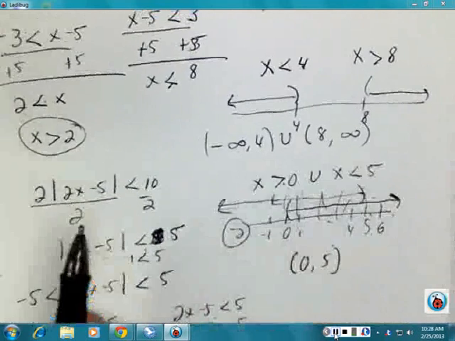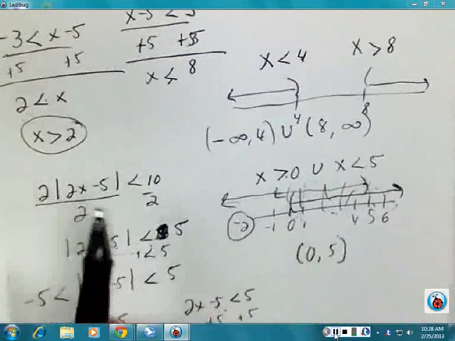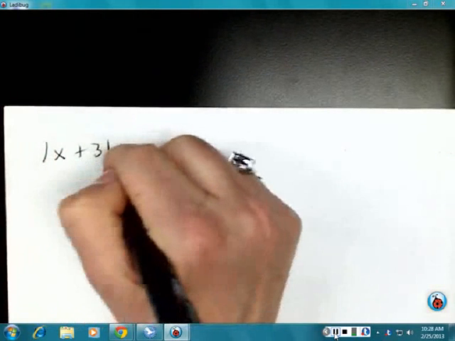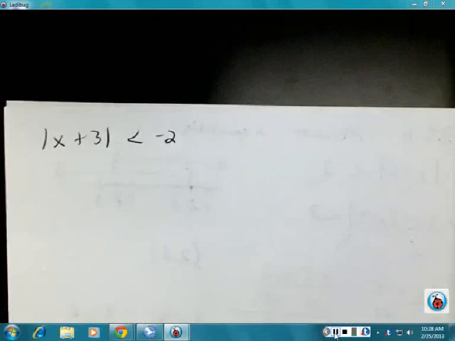Alright? Okay, so let's see what we got for another one here. Absolute value of x plus 3 is less than a negative 2. Some of these get special stuff in those too.